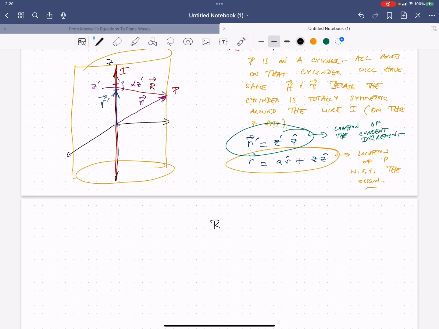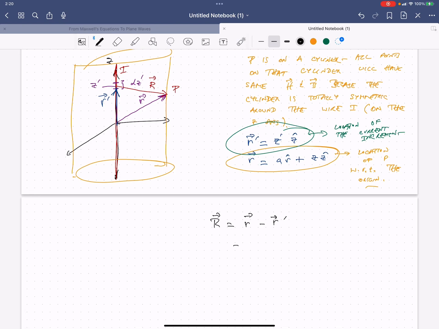So the r vector is r minus r prime. So if I plug these in, I'm going to have z prime z hat minus, we're going to have a r hat plus z hat minus z prime z hat.